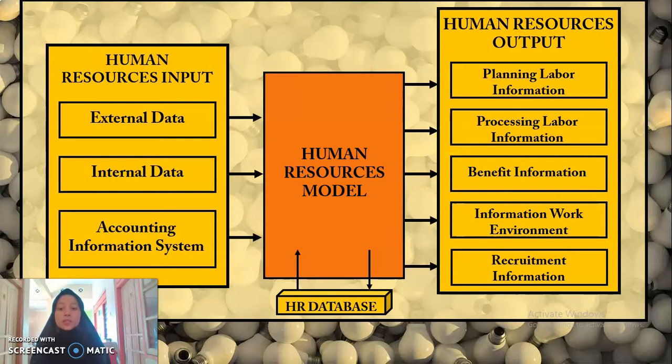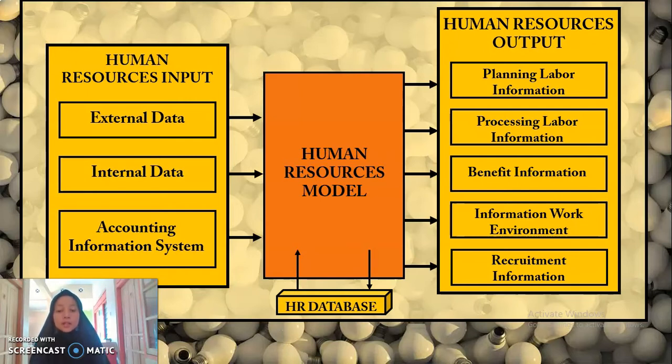Then, the inputs needed to produce this information are three, namely external data, internal data, and the accounting information system. For the accounting information system, especially the payroll cycle, there are data on employees, salaries, attendance lists, and employee receivables.